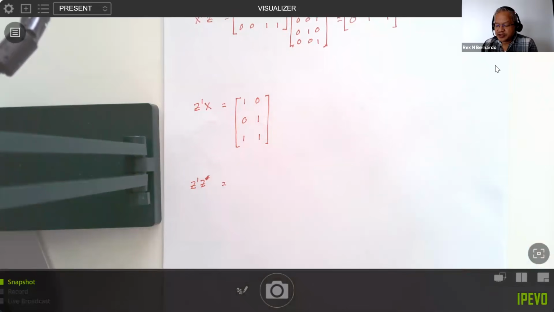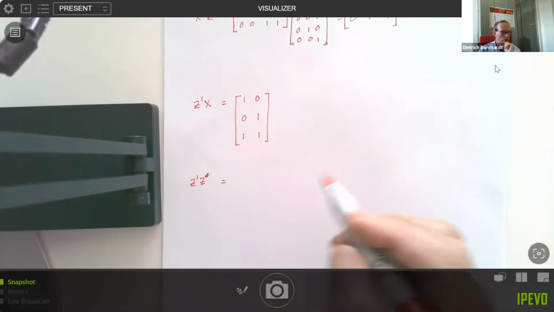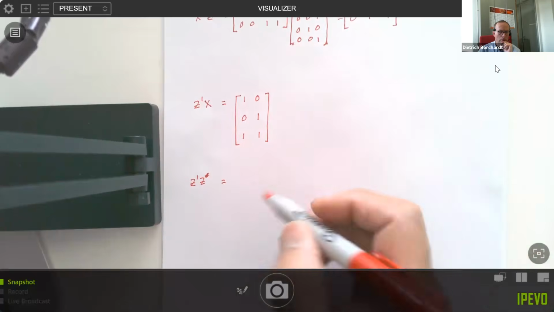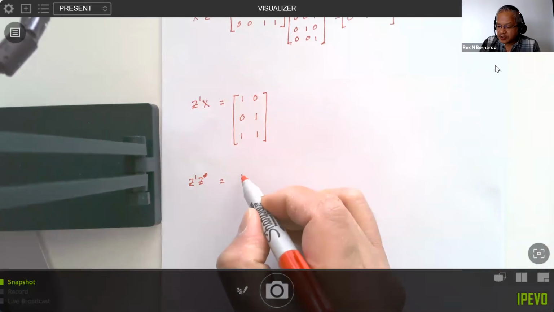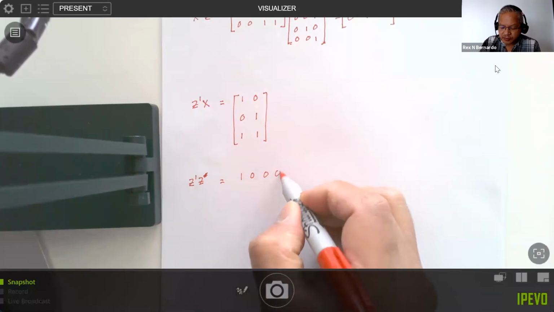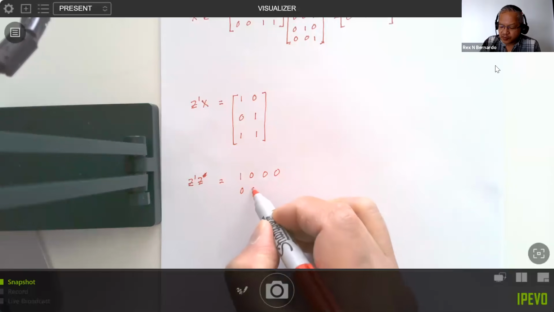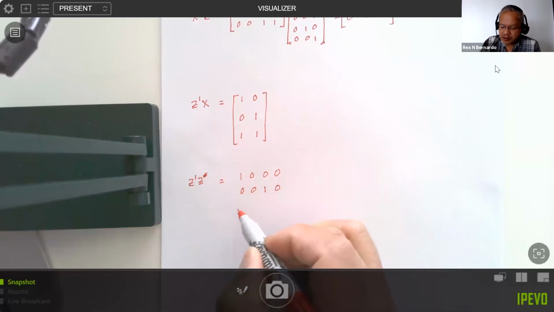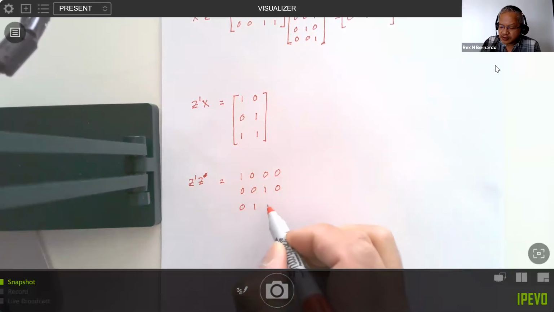What are the diagonal elements that you got? 1, 1, 2. That is correct. Just to write that out, Z prime is equal to 1, 0, 0, 0, 0, 0, 1, 0, 0, 1, 0, 1.